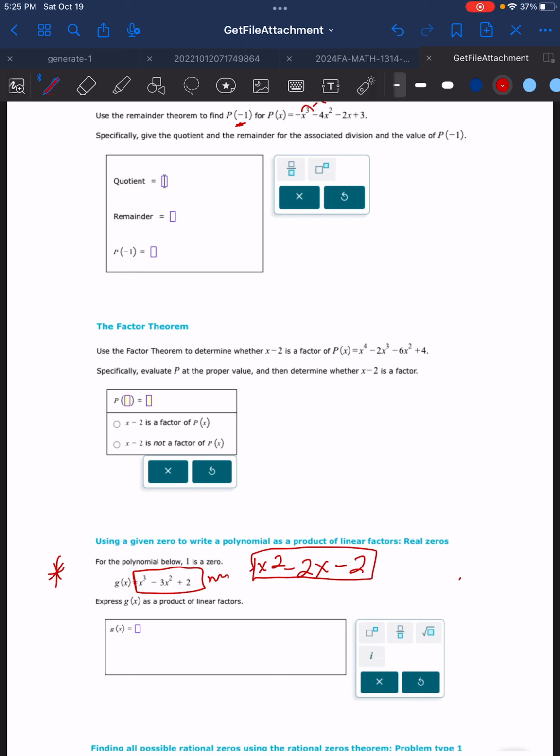Your quadratic formula is x equals negative b plus or minus the square root of b squared minus 4 times a times c all over 2 times a. Well, a is 1, b is negative 2, c is negative 2. So all I'm going to do is substitute that in the information that I have.